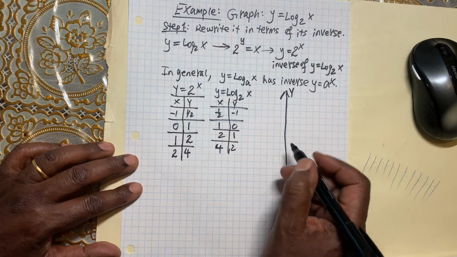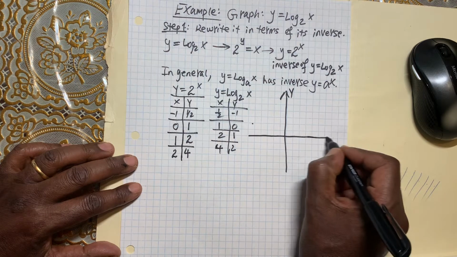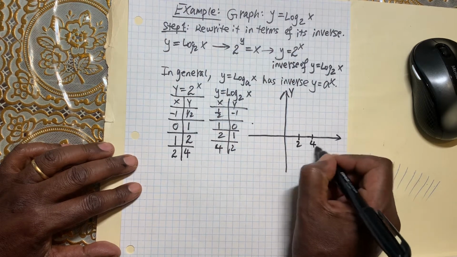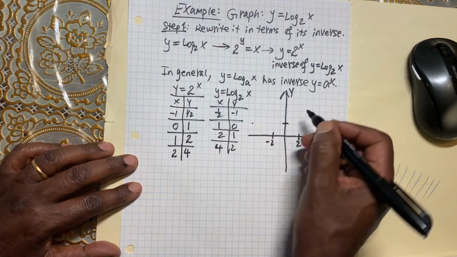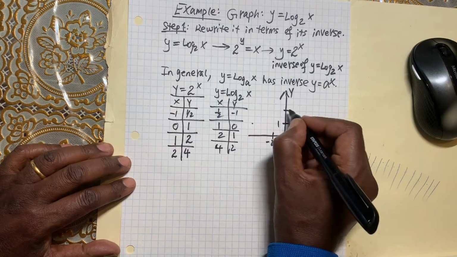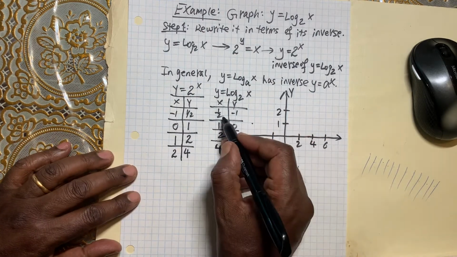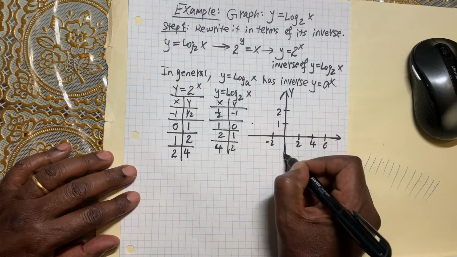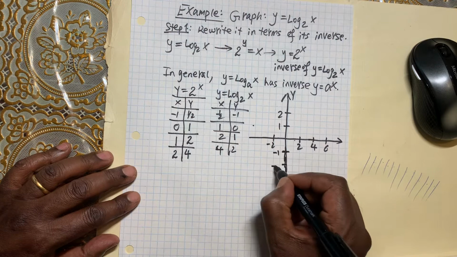Now I'm graphing. Let's go here. Suppose this is 2, this is 4, 6, negative 2. I can go on the y-axis with different scaling, say 1, 2, and negative 1, negative 2.